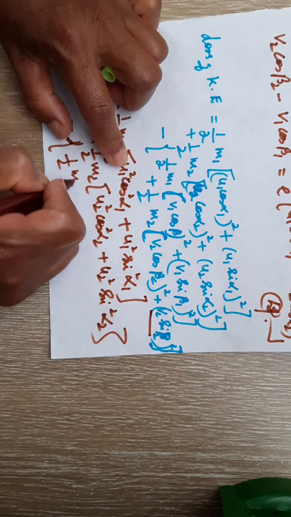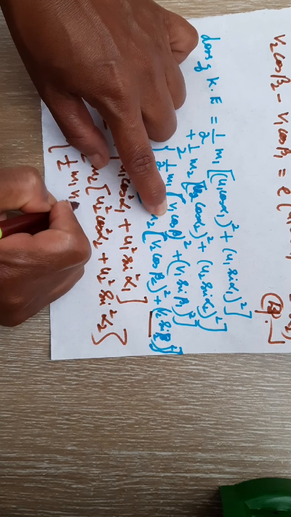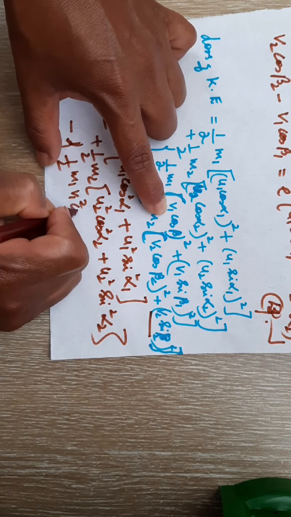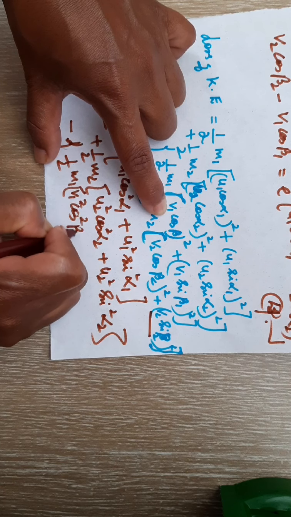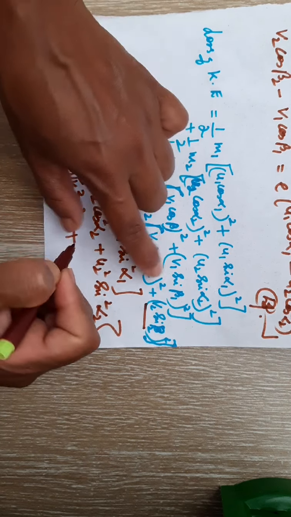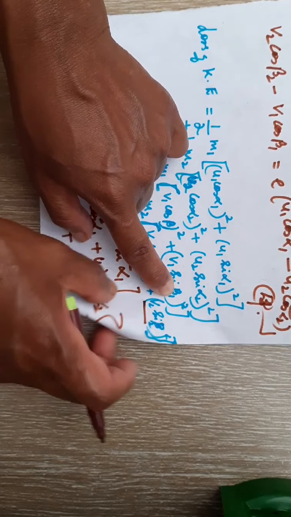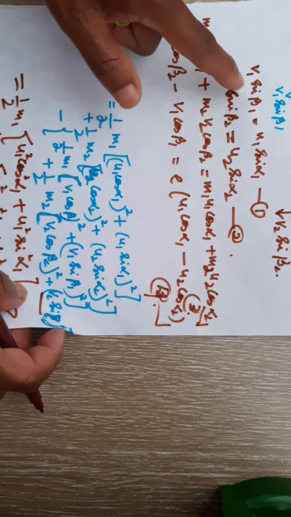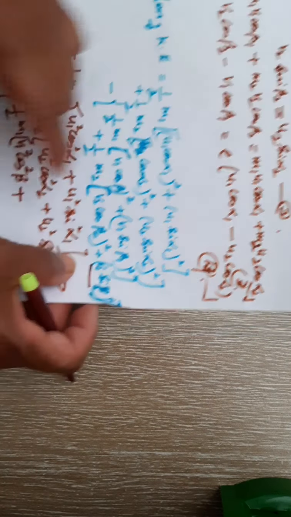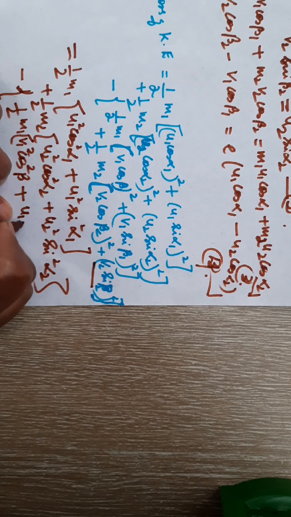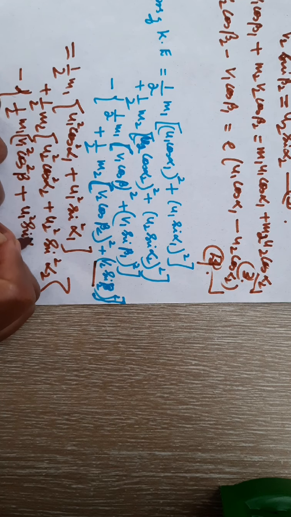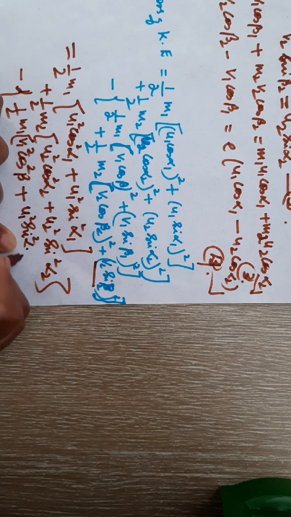half of m1, this will remain as it is, v1 square cos square beta 1, plus, now v1 sin beta 1, what is v1 sin beta 1? From equation 1, it is u1 sin alpha 1. So you can replace that by u1 square sin square alpha 1.